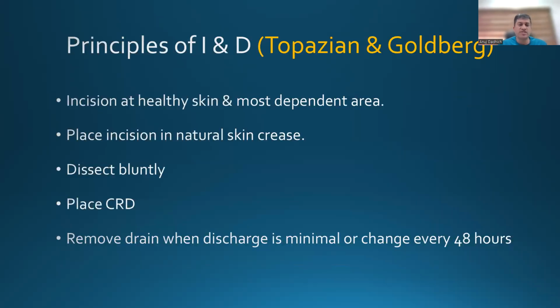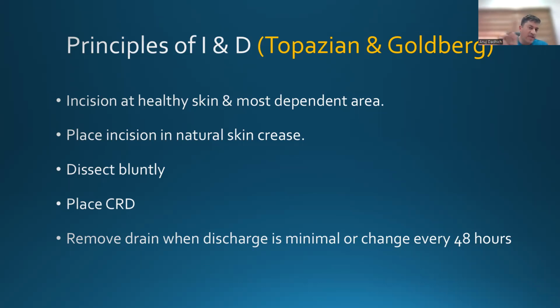Now, when we speak about incision and drainage, we must also talk about the most common principles of incision and drainage. These principles were described by Topazian and Goldberg. The first and most important principle is to always make the incision in healthy skin and in the most dependent area, a gravity dependent area.